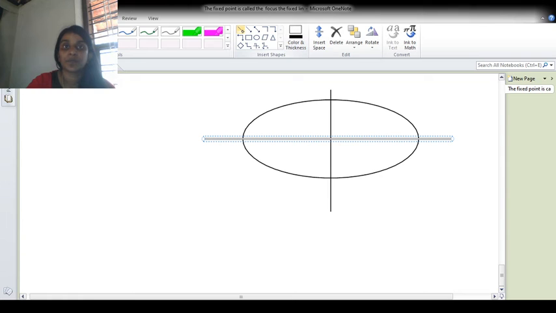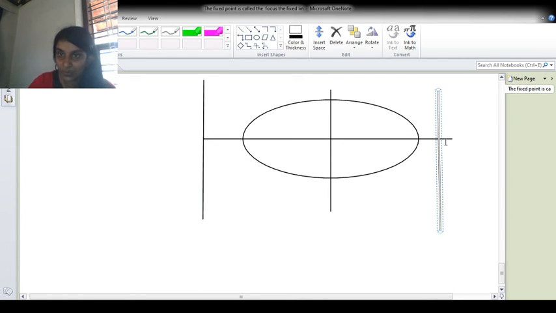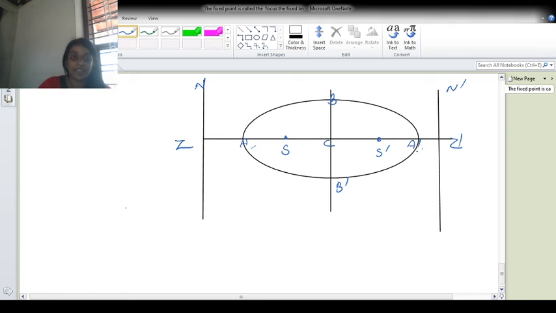Here directrix, here directrix, and I have one focus, here the other focus. Here B, B dash, A dash, C, Z, Z dash, N dash, N. So we got SC equal to AE. The distance between C and S is AE.